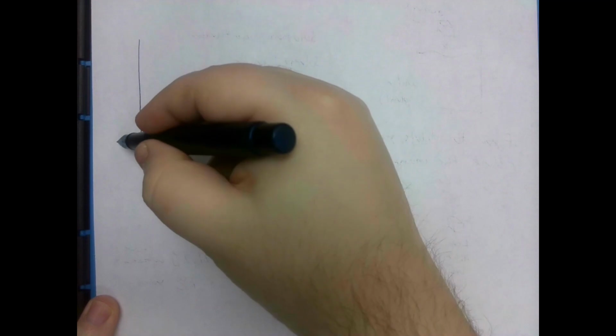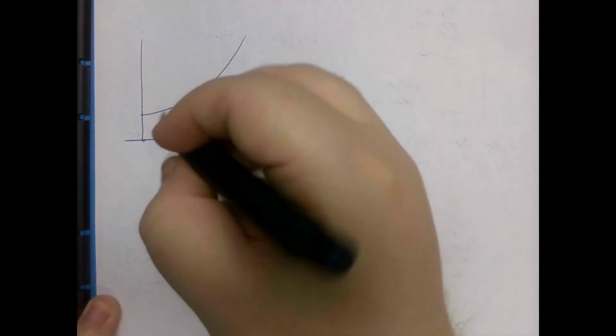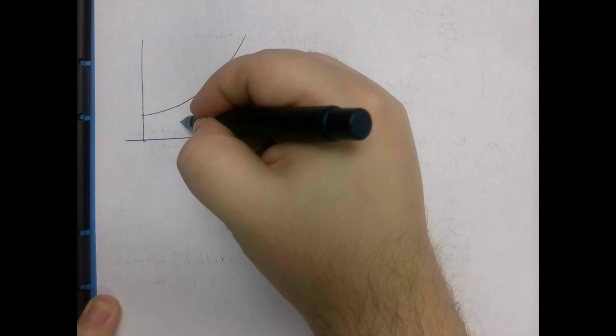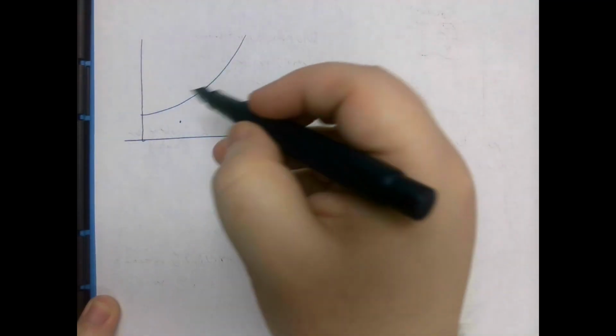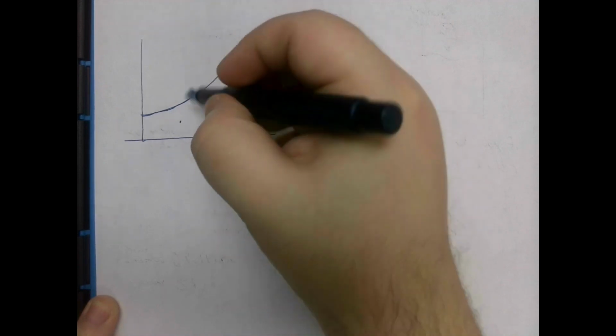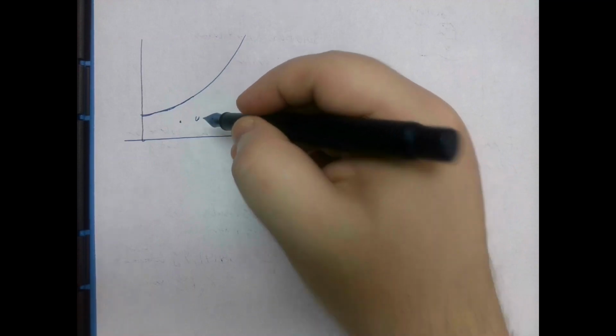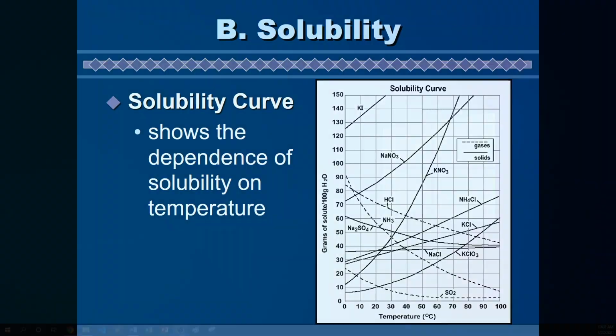So looking at this graph, here's the solubility line. If I'm right here, I would be unsaturated.